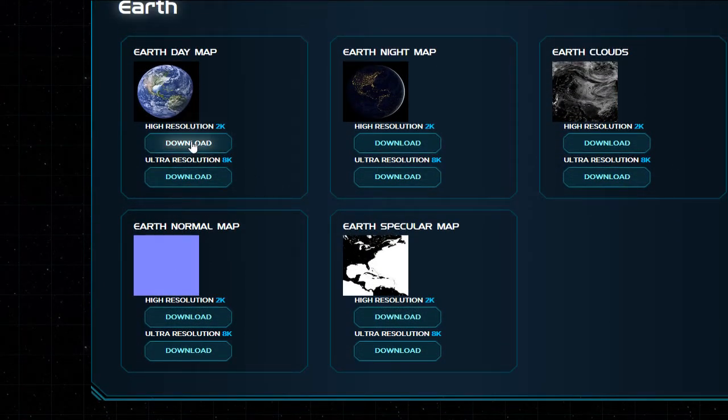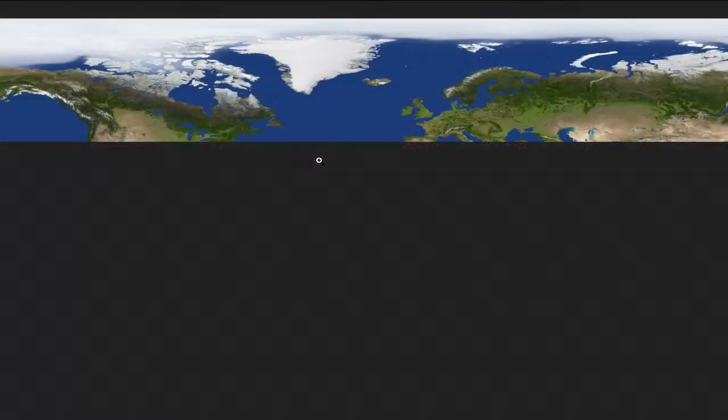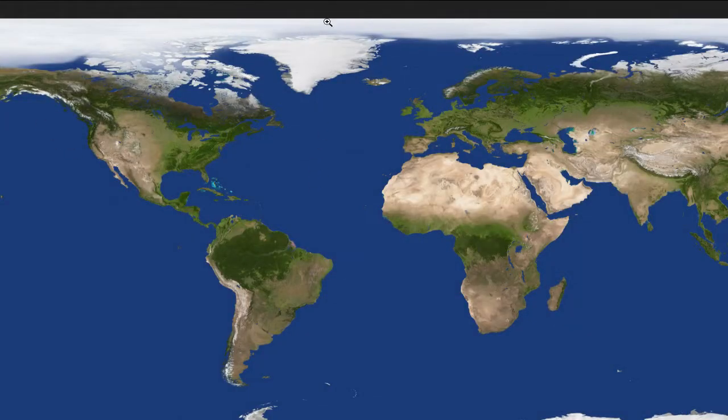What we're looking at is JPEG maps. You need a JPEG, and it's going to look rectangular. So you're going to look for a map that looks like this. You save that to your directory, and then you can import it using that import planetary map feature.